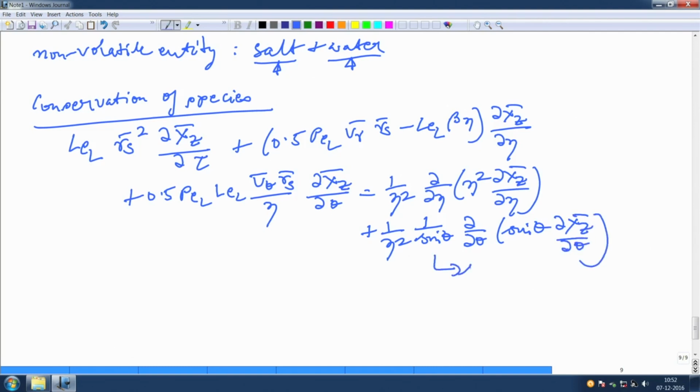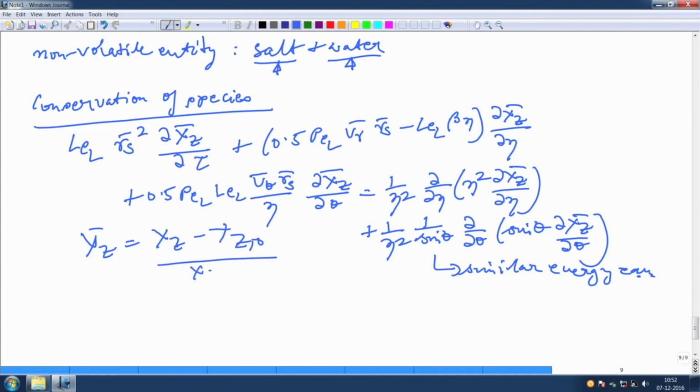So, this is very similar, almost identical, to the energy equation. Xz that we have written is Xz initial minus Xz at any time instant. This is similar to where we had temperature instead of Xz in that case, right.